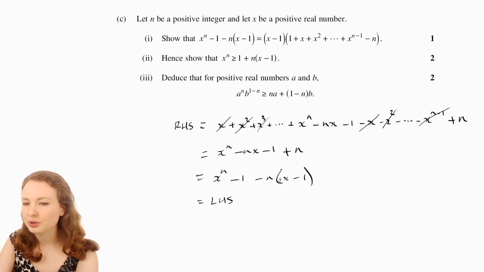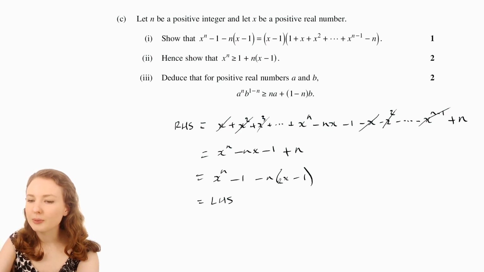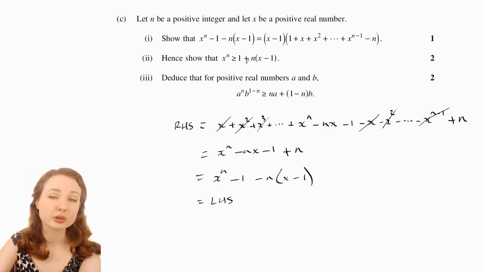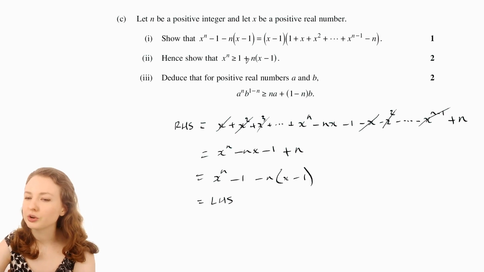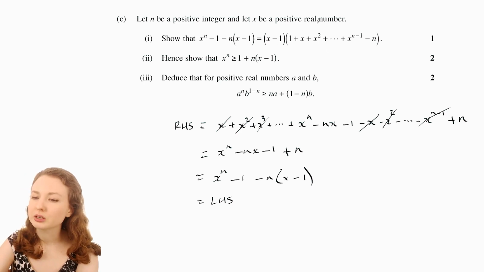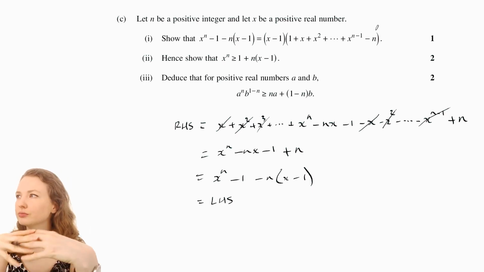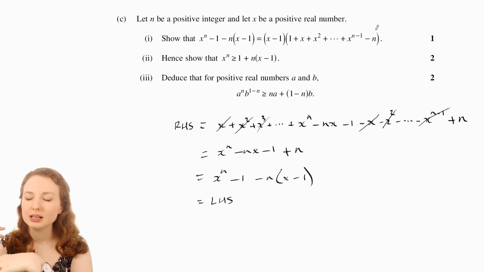Alright, for part 2, if you move that over the other side, then it's just that greater than or equal to 0. So we want to show that this bit can't be negative. Often I try a few values to get inspiration for how to prove this.